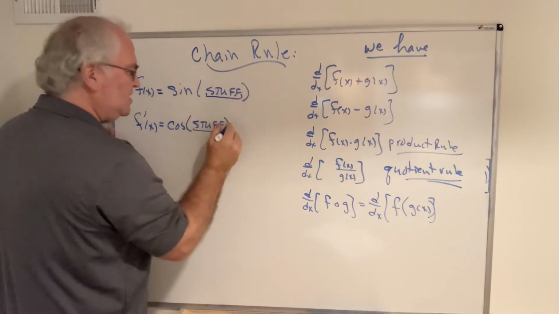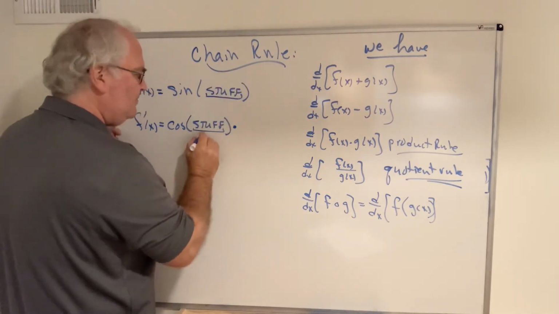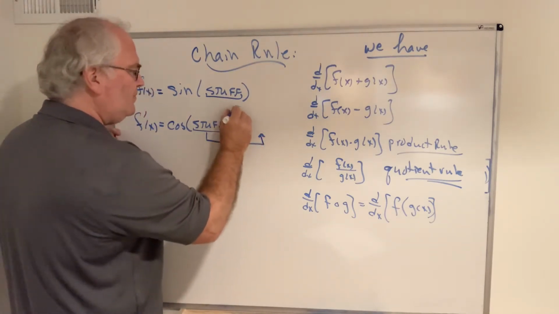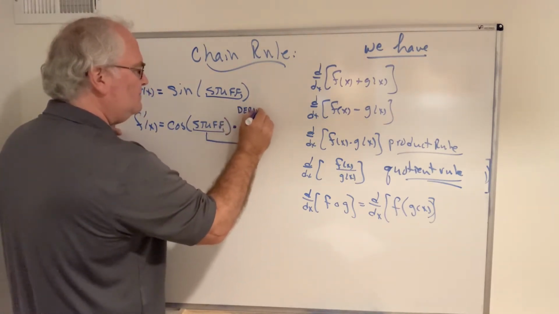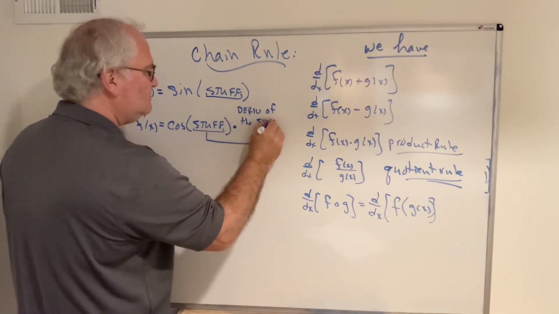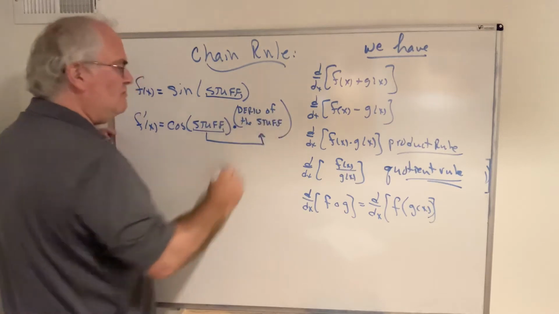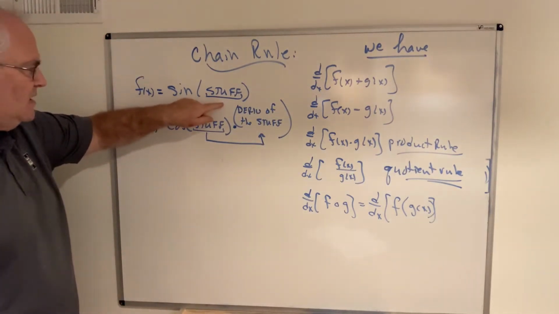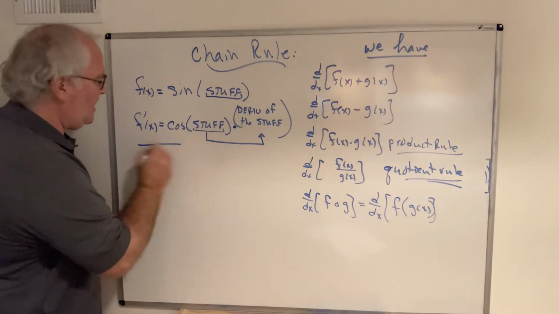But the chain rule says you need to multiply by, and I'm going to do this conceptually, the derivative of the stuff. You multiply by the derivative of whatever is inside these parentheses. So let's do a specific case.